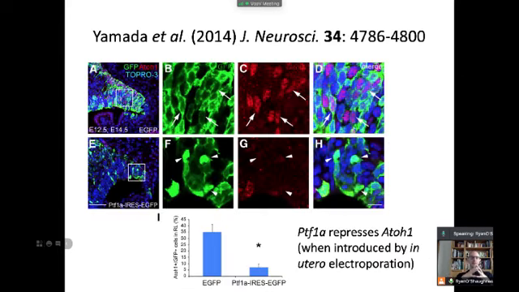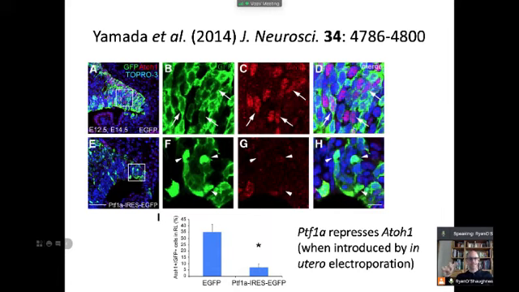So, if we look at a PTF1A expressing mouse, we see very clearly that this key cerebellar factor ATOH1 is repressed when PTF1A is introduced by in utero electroporation.